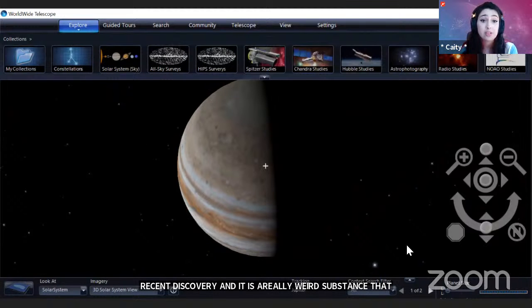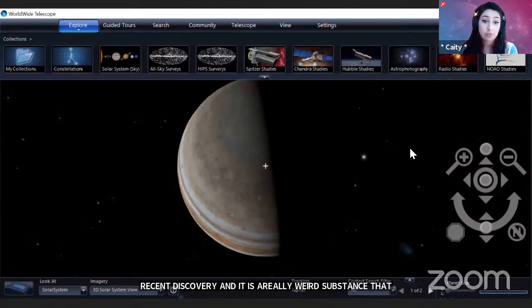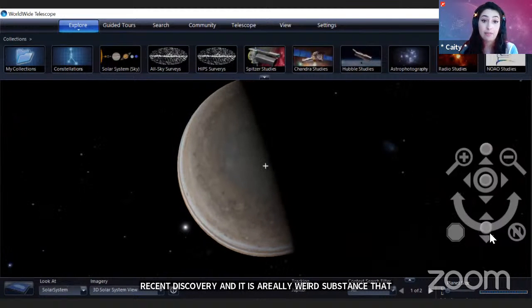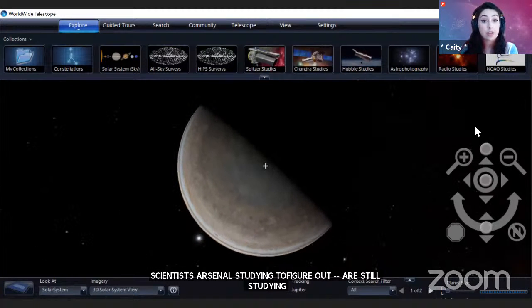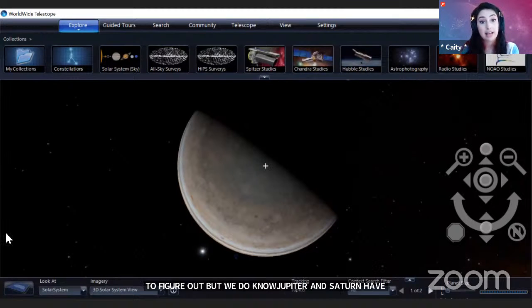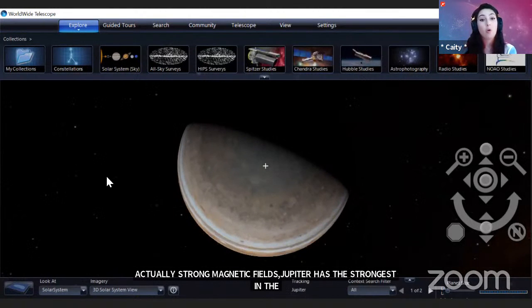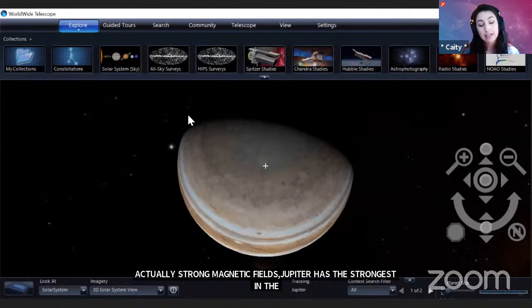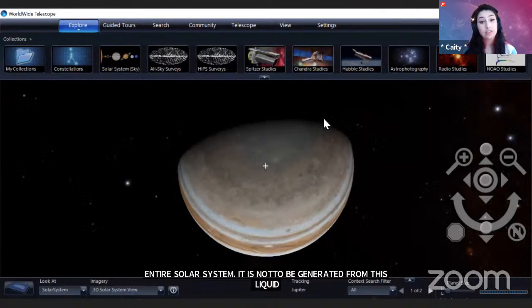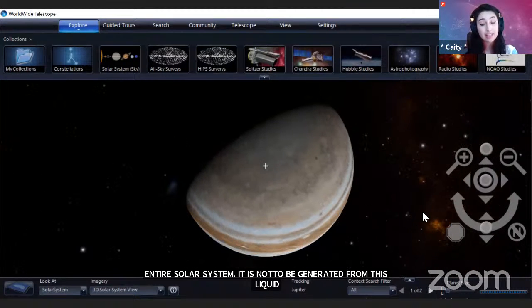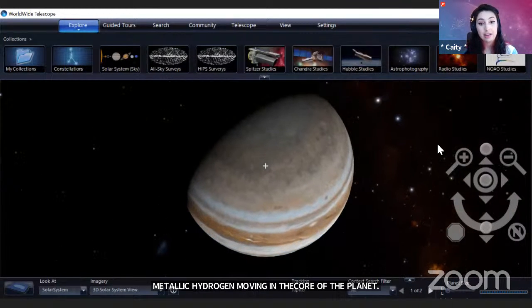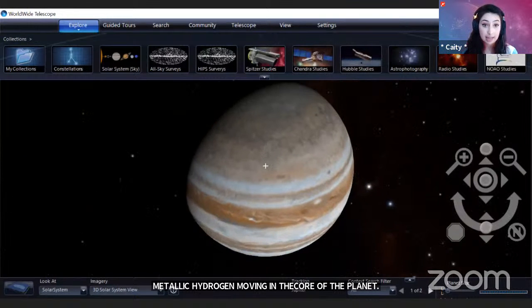But we do know that Jupiter and Saturn have incredibly strong magnetic fields, Jupiter having the strongest in the entire solar system. And it is thought to be generated from this liquid metallic hydrogen moving in the core of the planets. So it's the electric current happening within the liquid metal that is causing a very, very strong magnetic field.